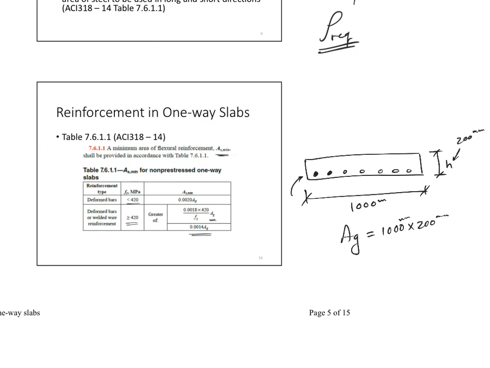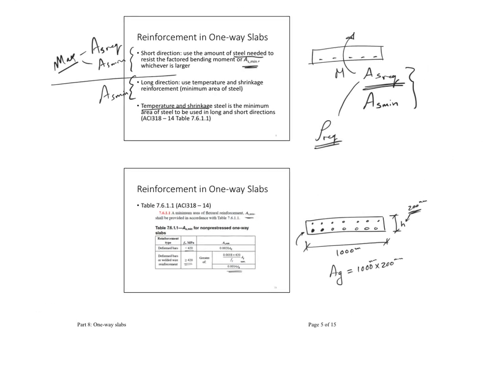So the minimum amount of steel that you place in your section depends on how much area you have. Okay? And then, of course, if this goes up to 200, you will probably need to put another layer up on top. You cannot have one layer for a 200 millimeter slab. That's too thick. And then distribute your area minimum among the upper and lower steel.